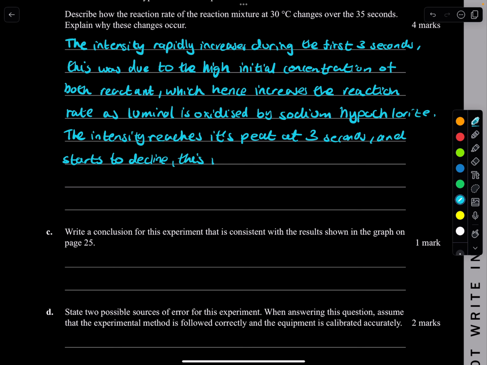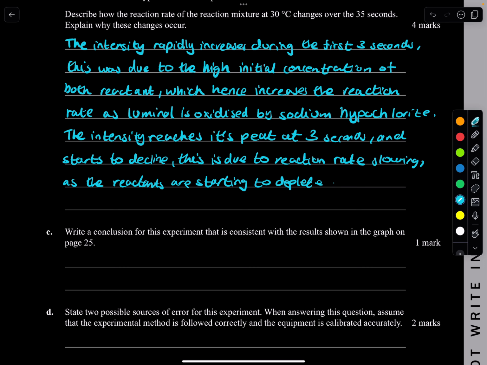This is due to the reaction rate slowing as the reactants are starting to deplete, and the reaction is coming to a finish.